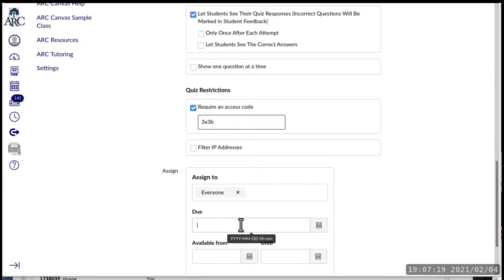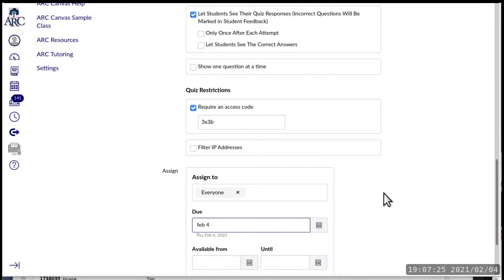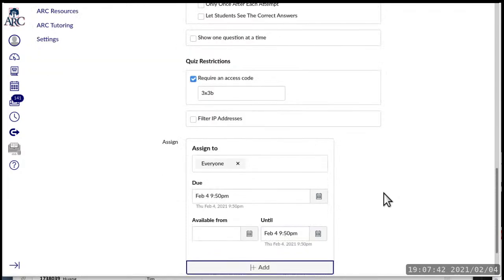And this time I will be careful to say when it's due. Because some of you are very careful when you listen to me, which is good. So it's going to be 9:50 p.m. Pacific Standard Time. Because someone's going to say, so 9:50 p.m., but you didn't specify the time zone.